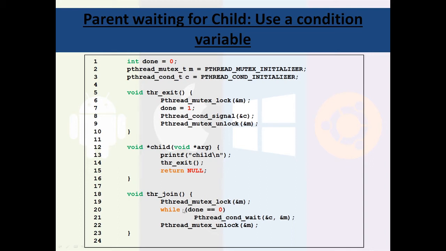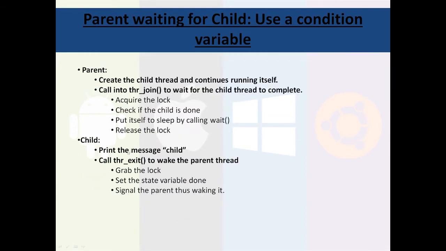And by doing that, it will then still be in the while loop though. It has woken it up. Done is now equal to 1, so it can finish this and then exit the thread join function. So that is how conditional variables work in this simple example.